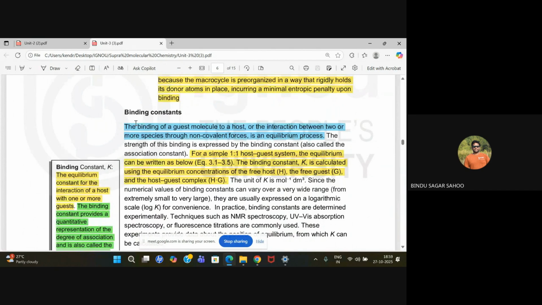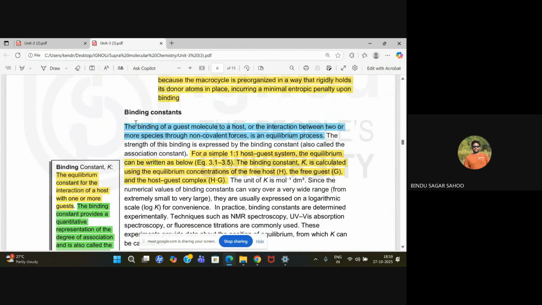In practice, the binding constant value can be determined experimentally. Some spectroscopic techniques you can use to determine the binding constants are NMR spectroscopy, UV-visible absorption spectroscopy, or fluorescence spectroscopy. These experiments provide data about the position of the equilibrium from which K can be calculated.